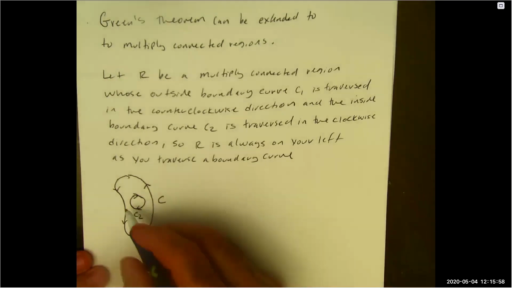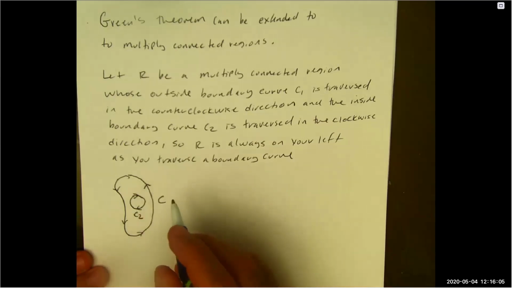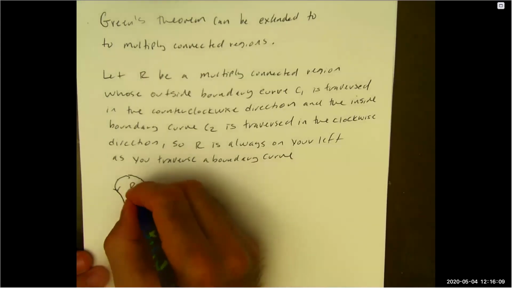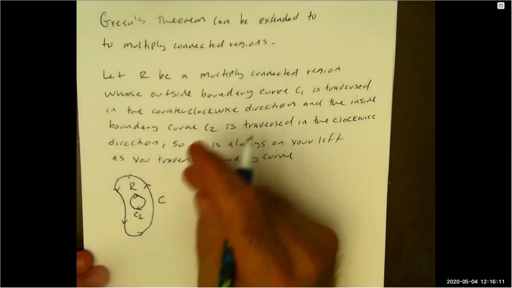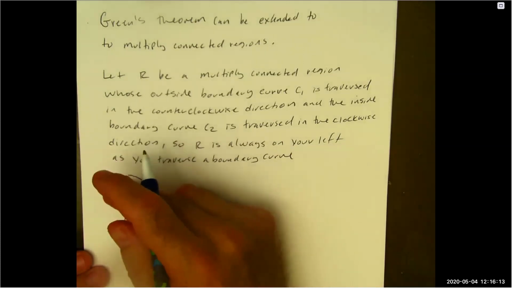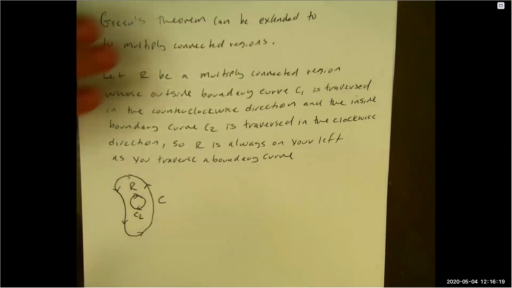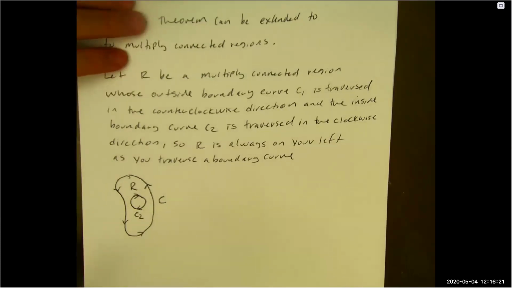And so as you go around the boundary, if you were in a car on the boundary, the driver would look out his window and would always see the region R there. And if you were on the outside boundary curve, again, you'd look out your left window and you'd still see R. So we're going to divide R into two simply connected regions, R1 and R2, by making cuts.